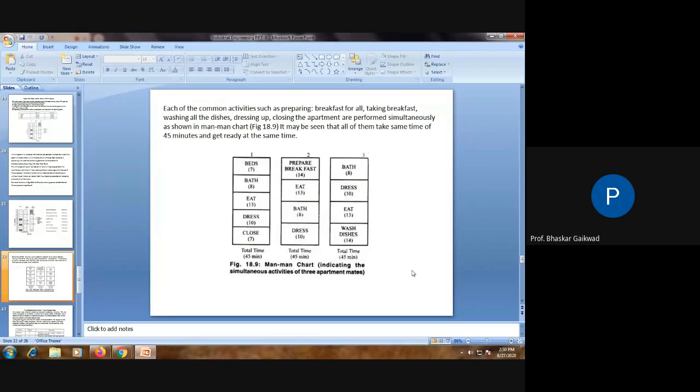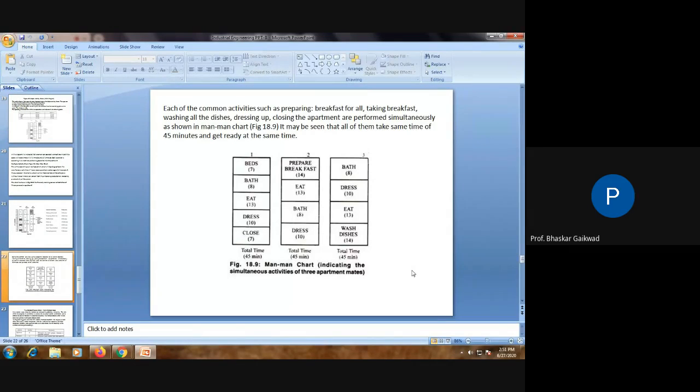Man to machines we have already seen, but here two apartments and their timings for each activity are shown in this man machine chart. First beds, bath, eat, dress and clothes. Second one breakfast, eat, bath and dress. And here bath, dress and eat.